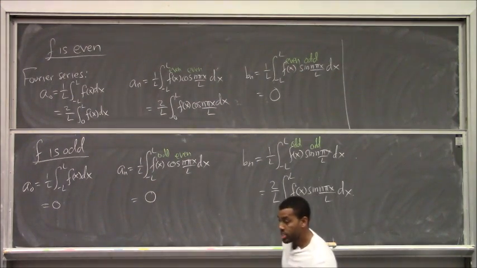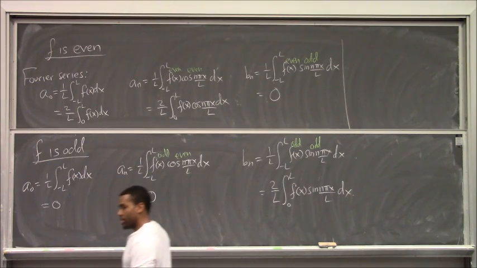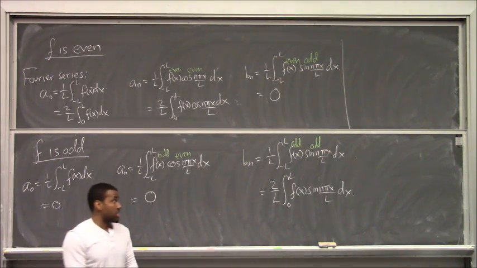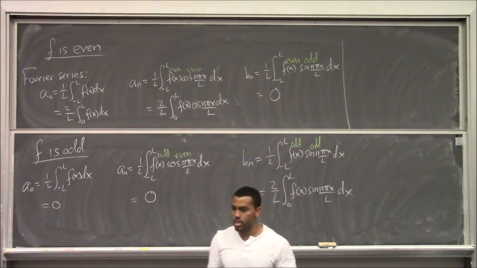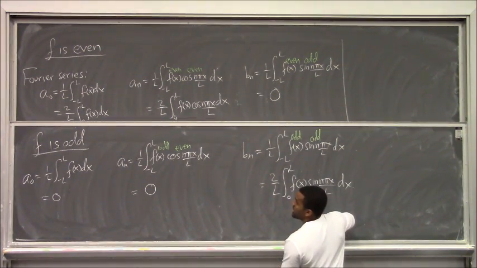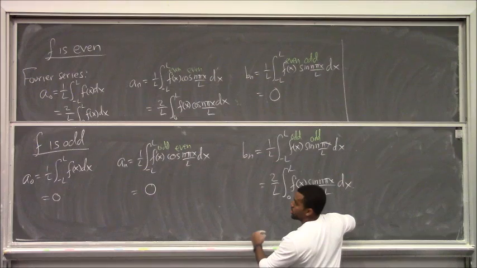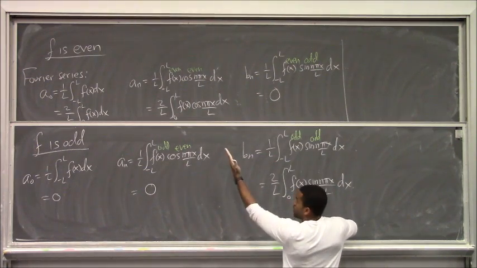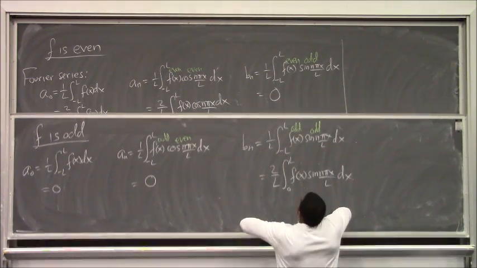So if your function is an even function, you only need to compute the a's. If your function is an odd function, you only need to compute the b's. Ignore the a's. And then your series would only have one type of trig function in it. It's either going to be all cosines or all sines.